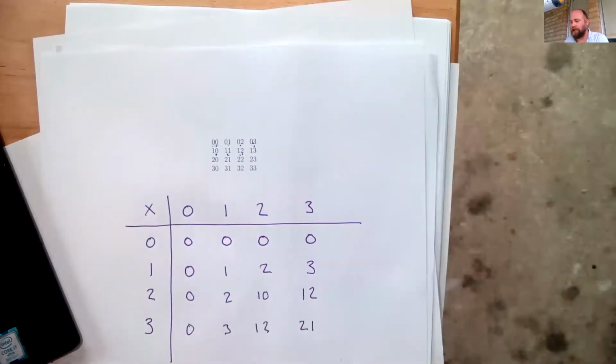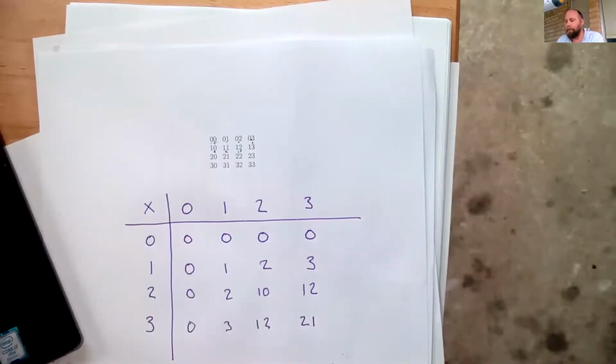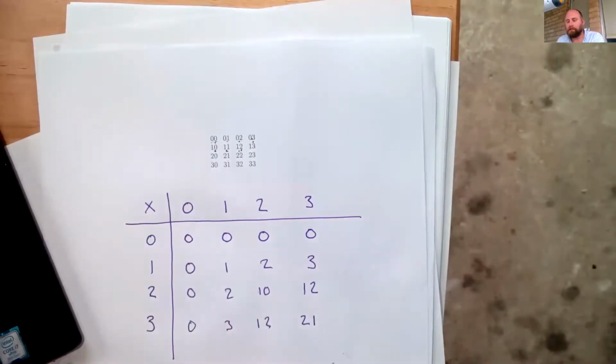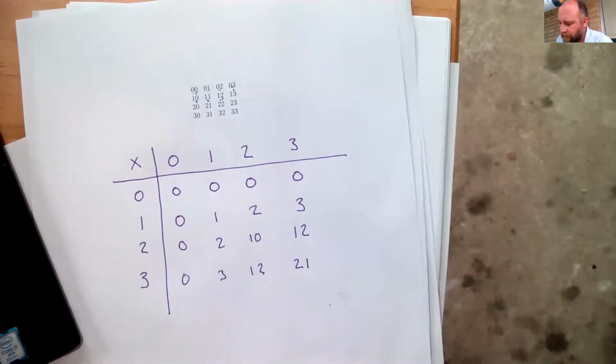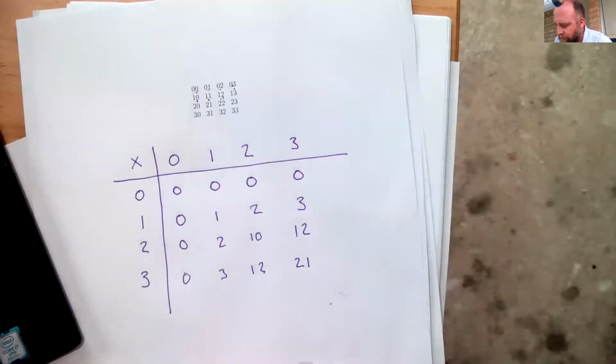So here we have the single digit multiplication table for base 4. So if we have a multiplication problem, 302 times 113.